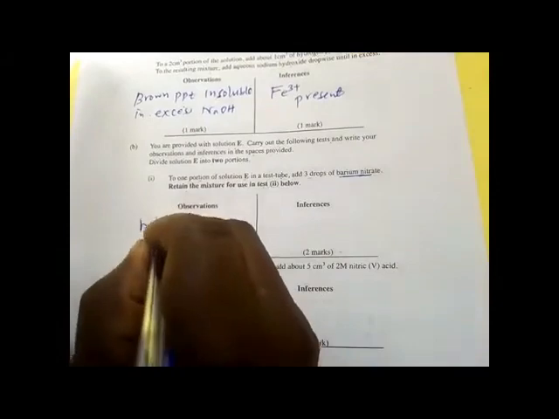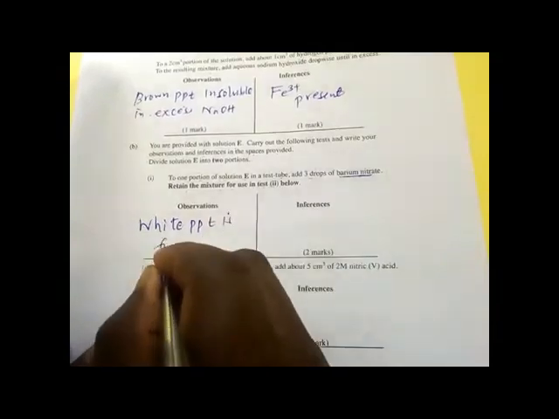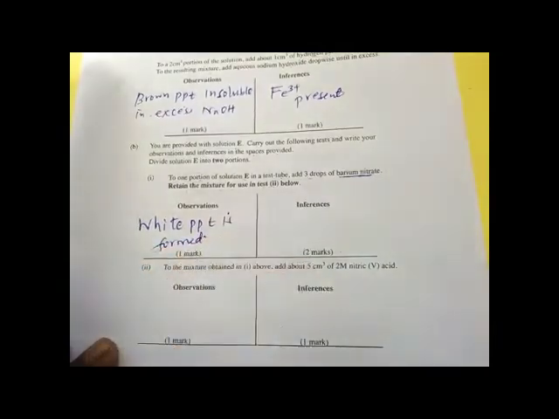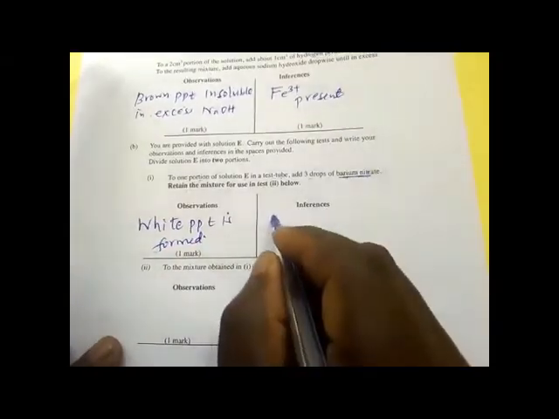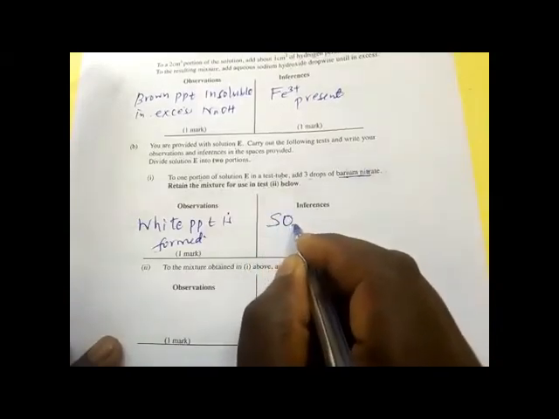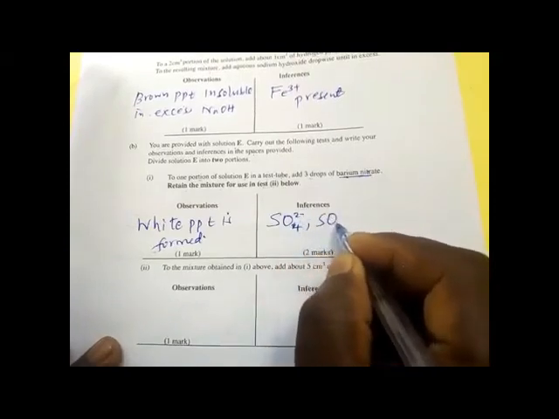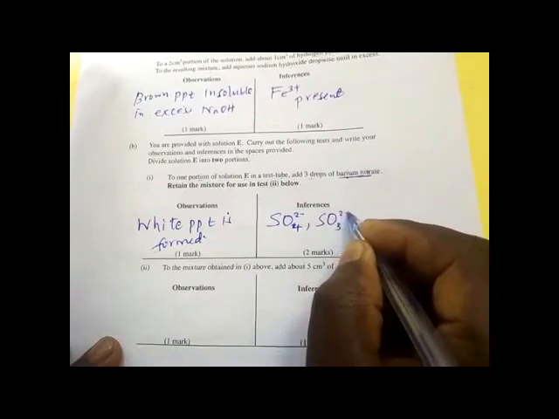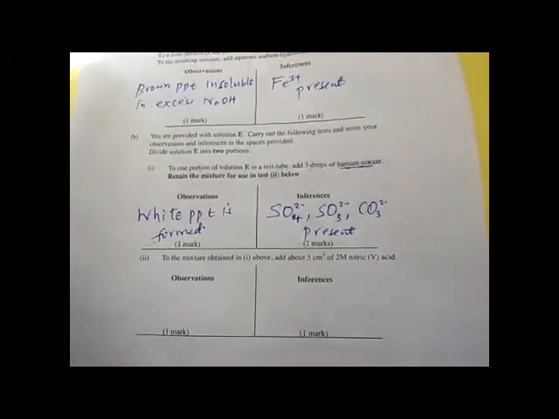A white precipitate is formed. We are adding barium nitrate, so the sulfate, the sulfite, and the carbonate are present.